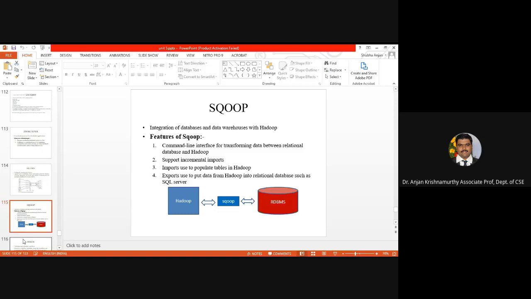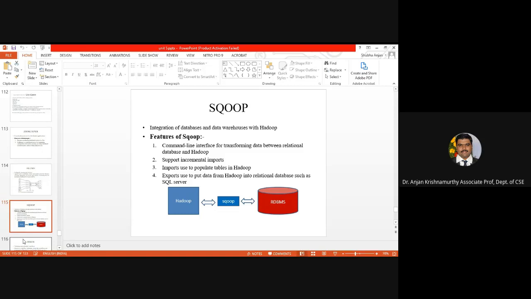You will need to connect the RDBMS to the Hadoop system. If you connect to the Hadoop system, the connection bridge which is established is through Sqoop. Sqoop basically is a bridge between the RDBMS, the data warehouses, the data marts, whatever you talk about.